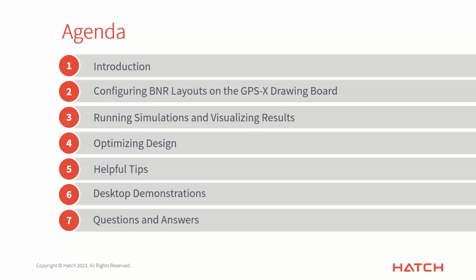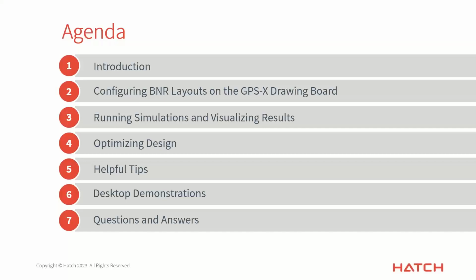And then I'll come back and give you a few helpful tips, various things that we've learned over the years about how to use some of the GPS-X features to make your life as easy as possible. One of the key things that's so great about these models that we develop is that they have a huge amount of information in them. So we want to not just throw out every single thing on a graph.